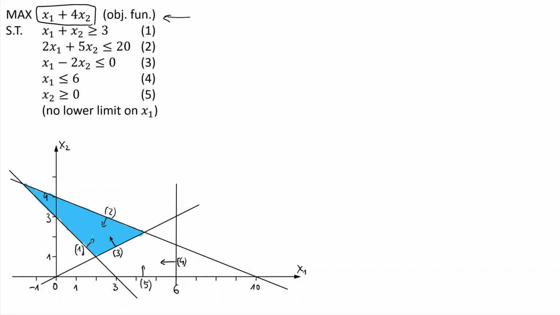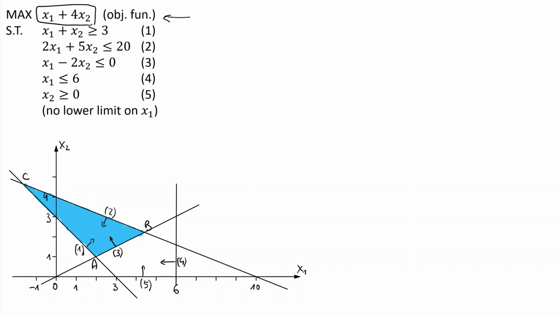So one way would be to determine points A, B, and C. Because it's a region that is closed from all sides, at least one of those points has to be an optimal solution. And maybe if there are multiple optimal solutions, there will be more than one corner point optimal.